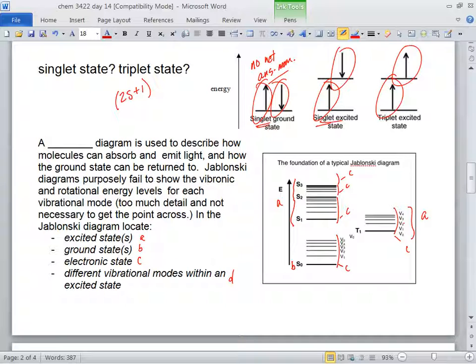So if you want to jump from one vibrational energy level to another, that's which instrument? FTIR. We're talking about what region of the electromagnetic spectrum? Infrared, heat. So much lower energy levels.